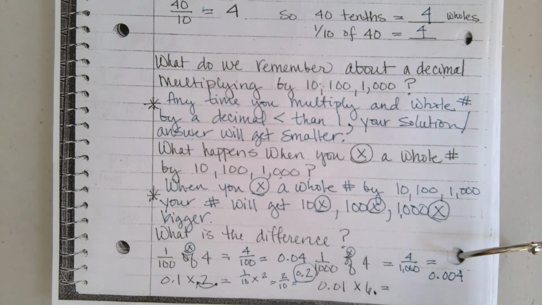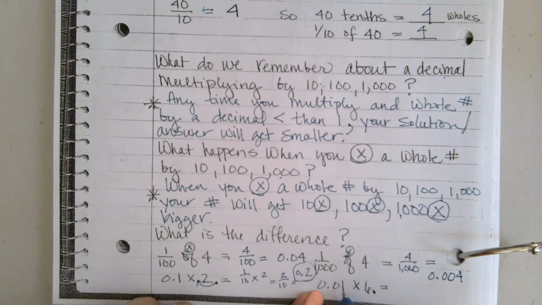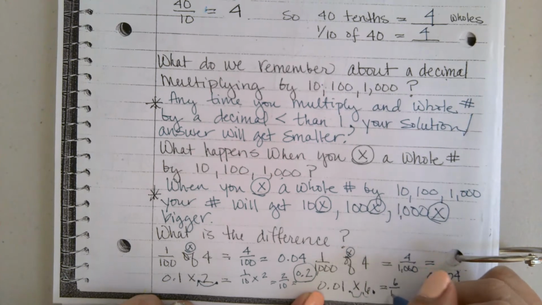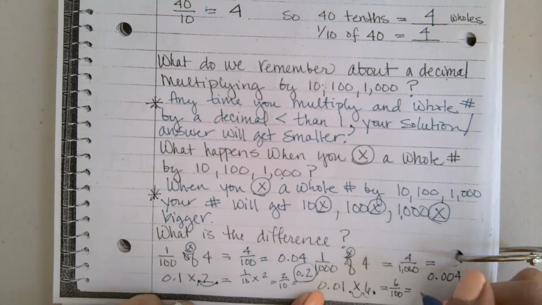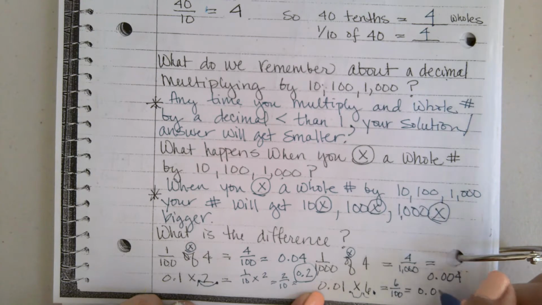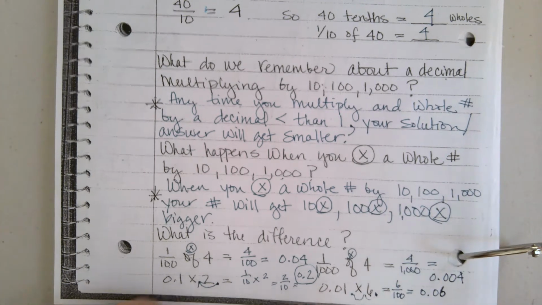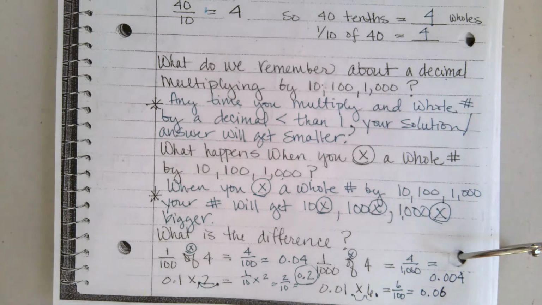So when we multiply by 1/100th, we have to move it once, twice, because this would really become 6/100ths, which is 0.06, 6/100ths.